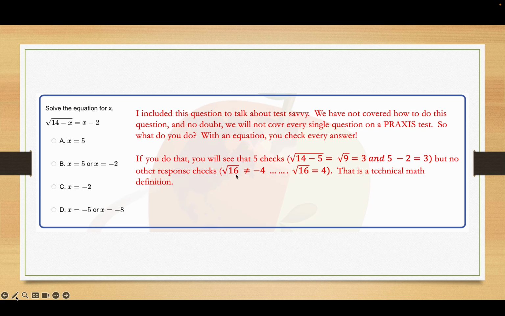So when we got the square root of 16 as negative 4, for technical notation purposes, mathematical language purposes, that is not a true statement, even though negative 4 squared does equal 16. If I want negative 4 as the answer, I have to put the negative in front of the 16. So the correct answer is choice A.